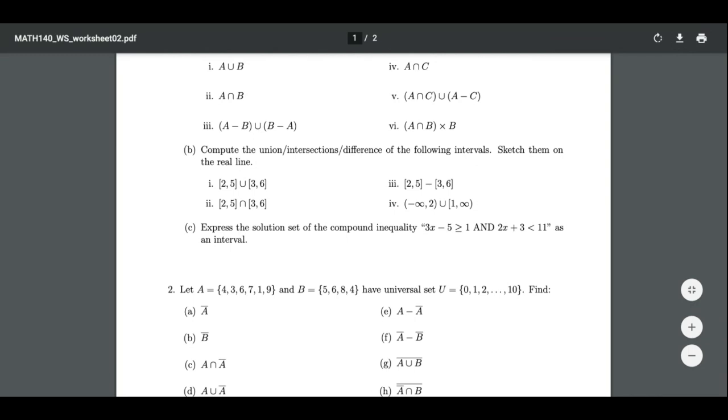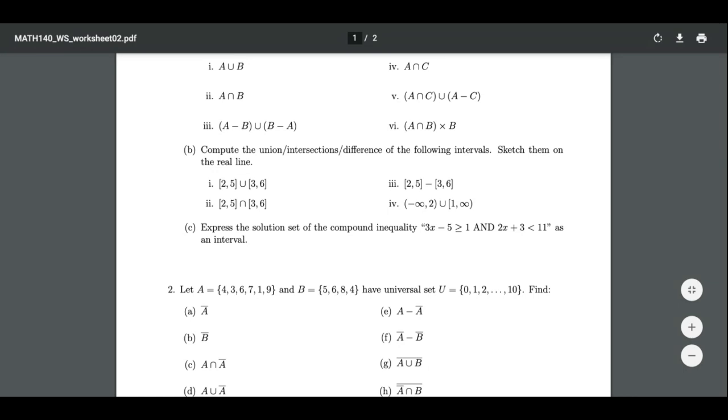Negative infinity up to infinity. If you draw, you see from 1 to 2 is the intersection of those two sets. I wanted to put what Michael put, but I didn't understand because that includes the 2, and since 2 isn't included, I wasn't sure.